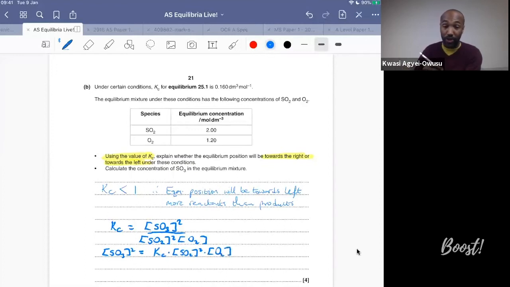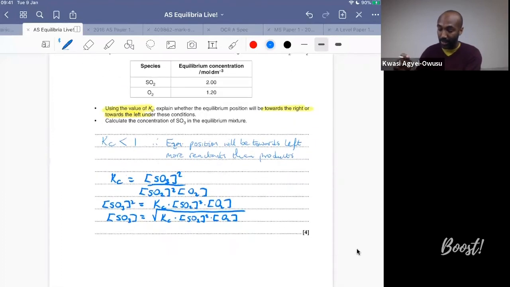And then to finish things off, I'll take the square root of both sides so that I've got SO3 concentration being equal to the square root of Kc times SO2 concentration raised to the power 2 times O2 concentration. And then it just becomes a case of plugging in the numbers.